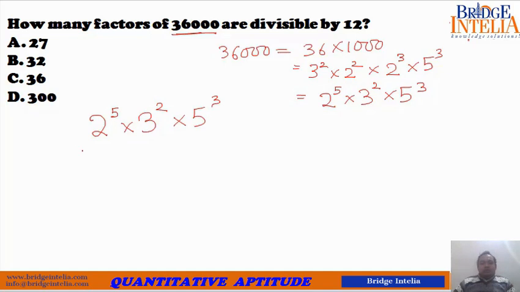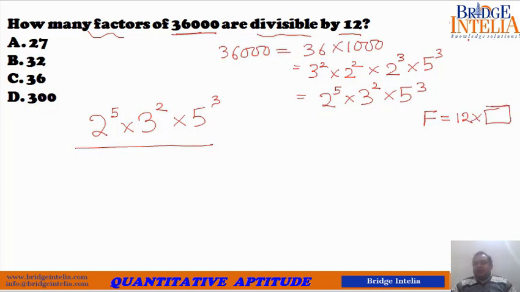Now you are trying to generate factors which are divisible by 12. If a factor is divisible by 12, what does that mean? The factor must be 12 into something.